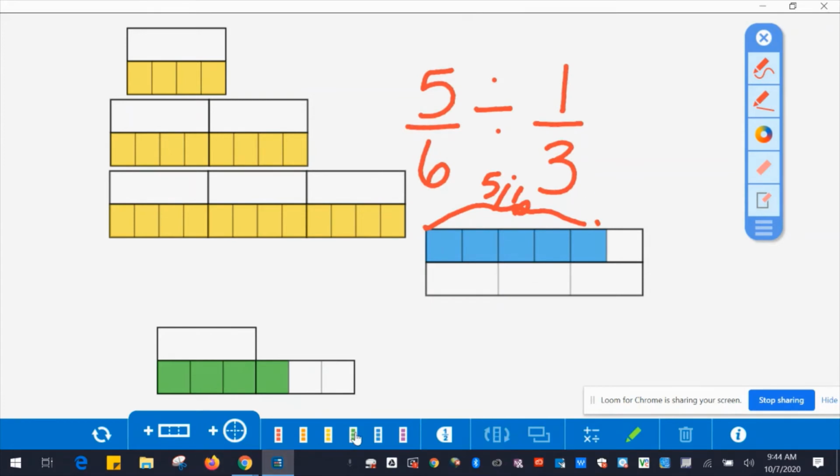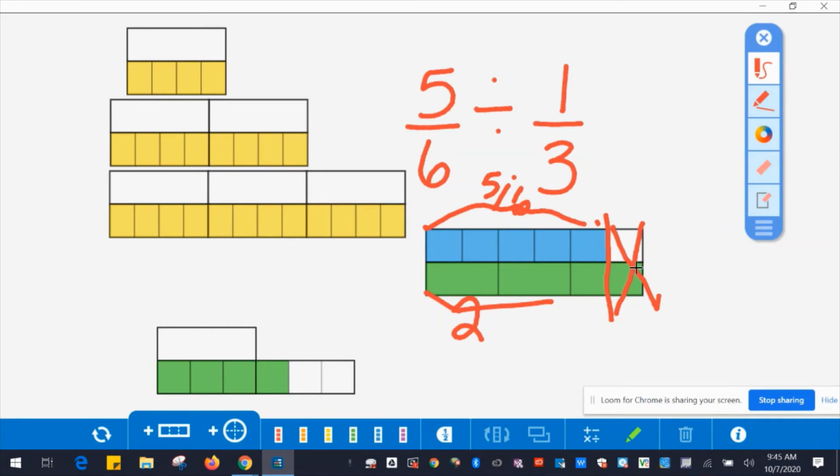All right, so we're going to highlight how many fit. 1, 2. 2 whole times I can get 1/3. But then if I highlight this last piece, I do not have the entire whole piece here.